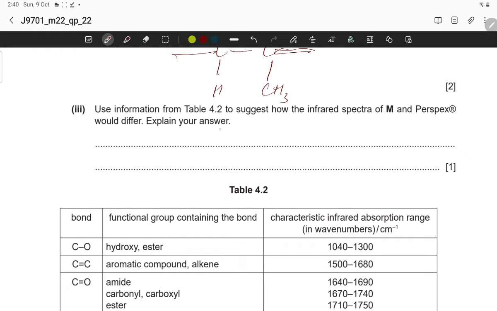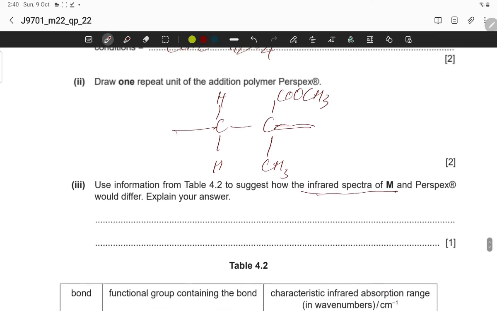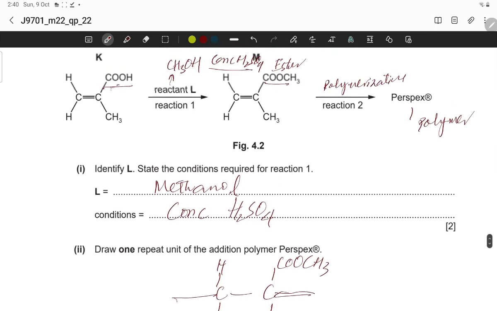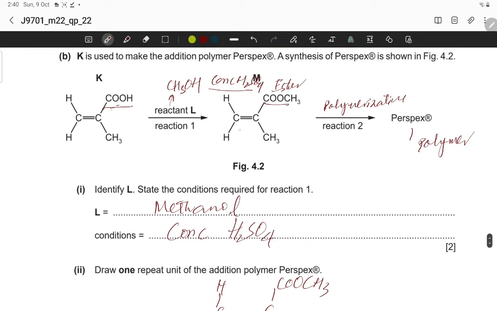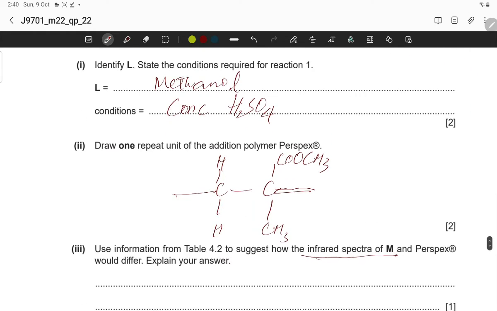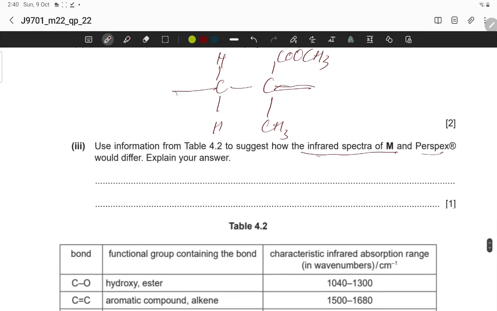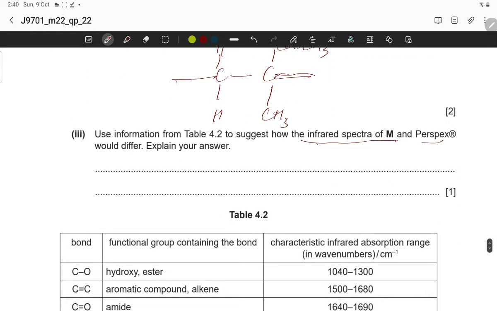Use information from table 4.2 to suggest how the infrared spectra of M and Perspex differ. M has a double bond, while in the polymer Perspex there is no double bond. Explain your reasoning.